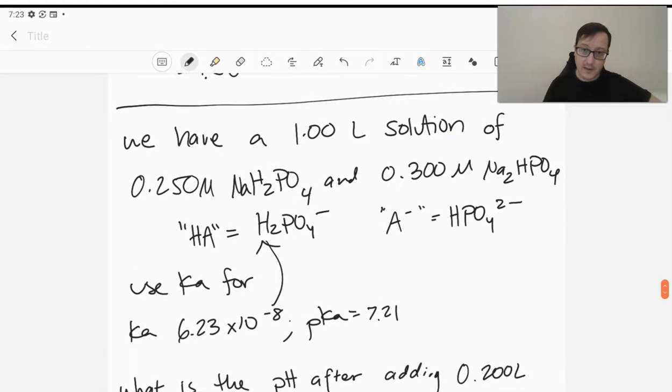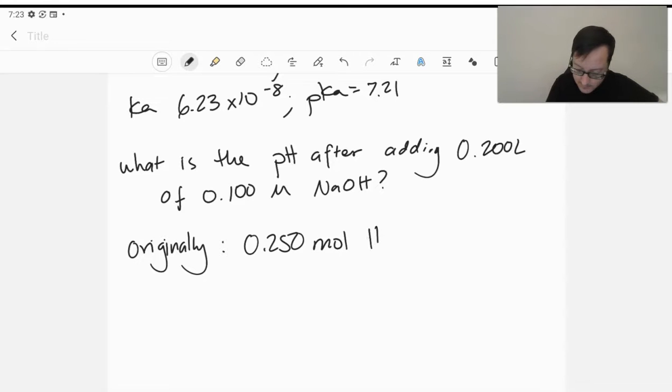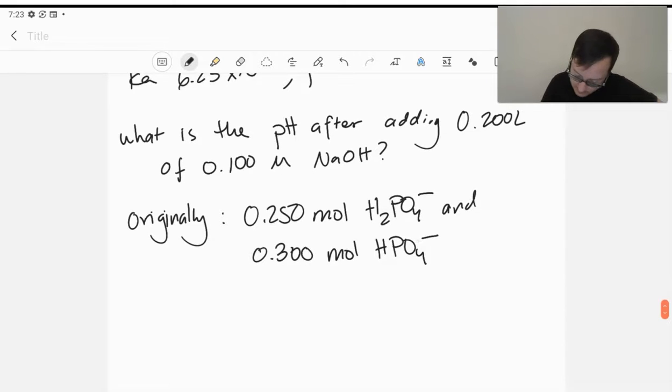So, thankfully, because we have 1 liter to begin with, that means originally we have 0.25 mole of our HA and 0.300 mole of our conjugate base.